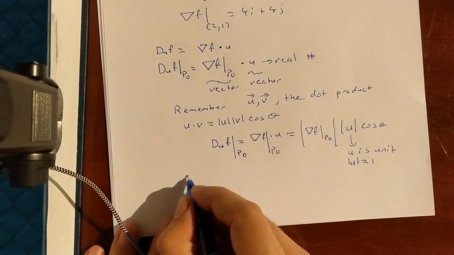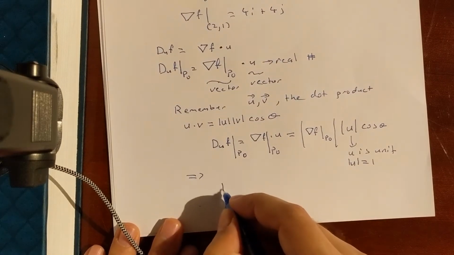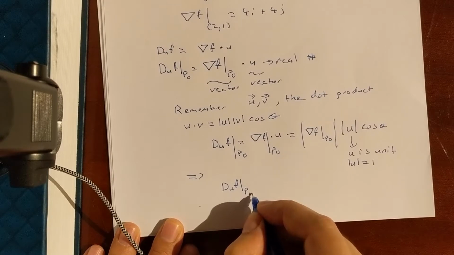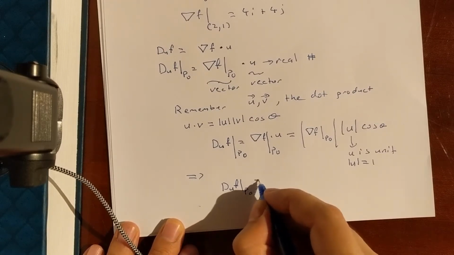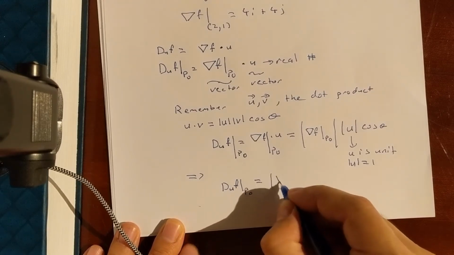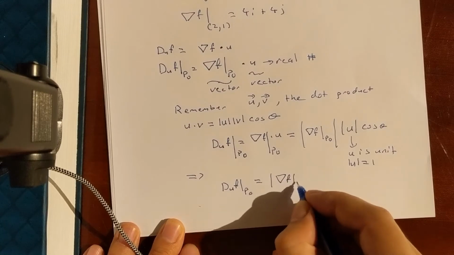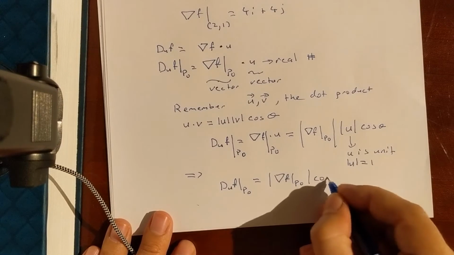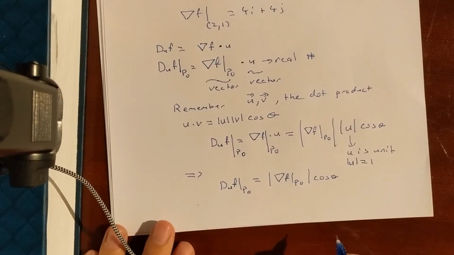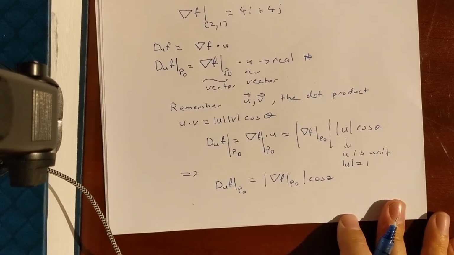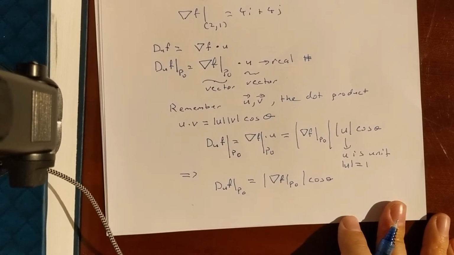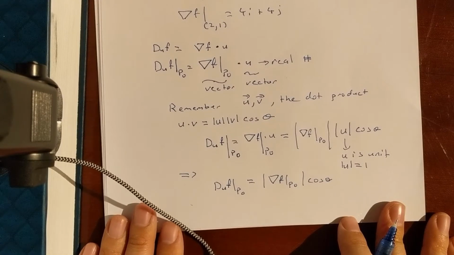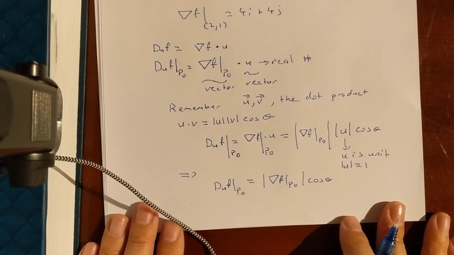Then we can conclude the following. Let's skip the middle steps now. If we look at the directional derivative at p naught, that's just going to be the size of the gradient of f evaluated at p naught times cosine theta, since the length of u was 1. Now, cosine theta is one of those trig functions that we love. It's bounded: the maximum value is 1, and the minimum value is minus 1.